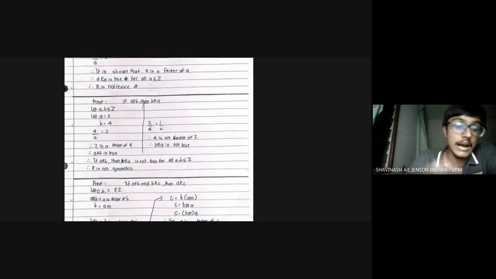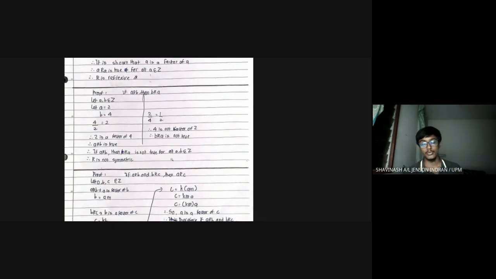So 2 is a factor of 4, and A R B is true. In contrast, we show that B is not a factor of A. We divide 2 by 4 and get a rational number. That means 4 is not a factor of 2, so B R A is not true. Since B R A is not true, R is not symmetric.